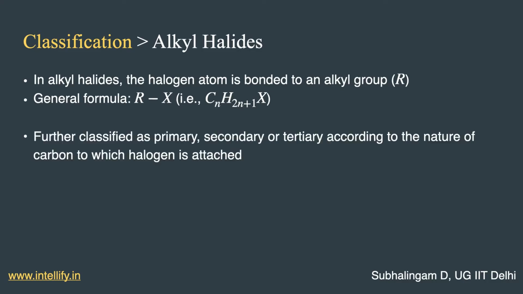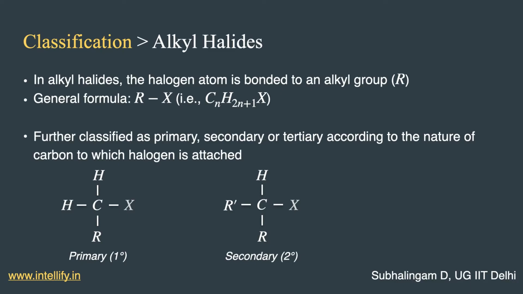Further, we can classify these alkyl halides as primary, secondary or tertiary according to the nature of the carbon to which the halogen is attached. So here we have a primary haloalkane. We call it primary because the carbon to which the halogen is attached has an alkyl group and two hydrogen atoms.